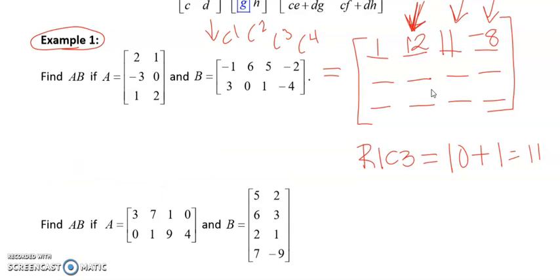Let me write down the dimensions of those matrices again. Remember, matrix A had 3 rows and 2 columns, so that was a 3 by 2, right? Matrix B had 2 rows and 4 columns, so that was 2 by 4. So the question that we asked was, are we allowed to multiply them together? And the answer was yes, because the 2's in the middle are the same.